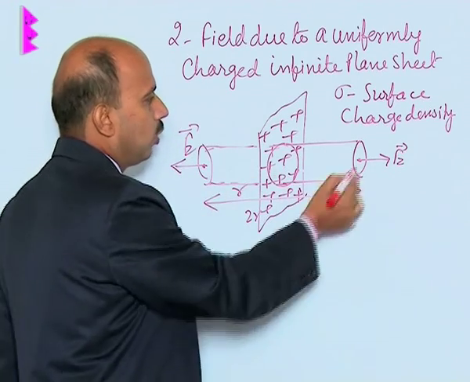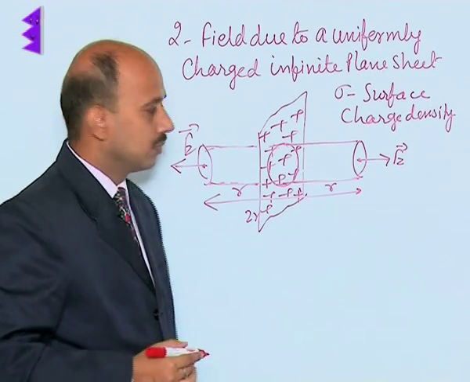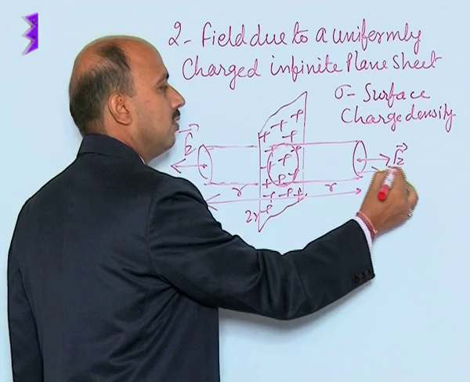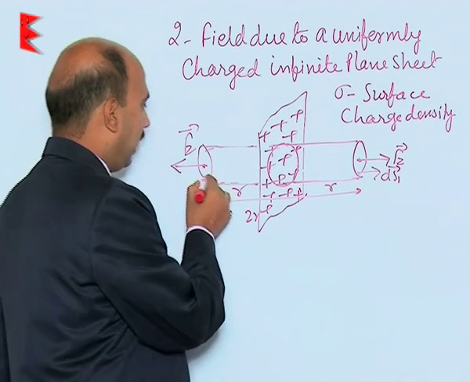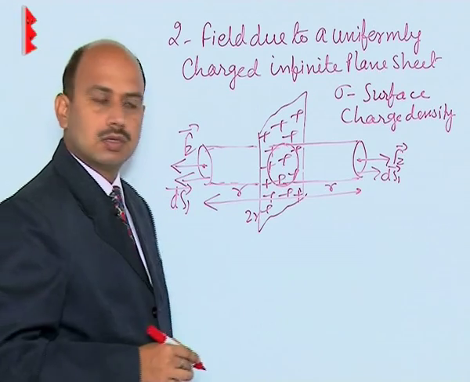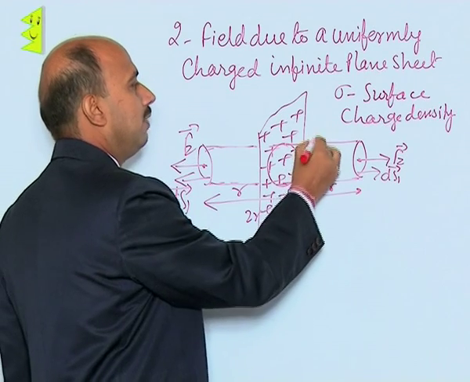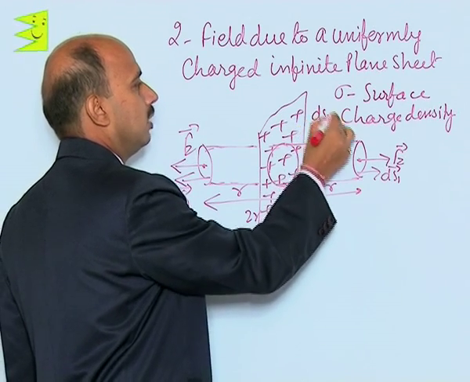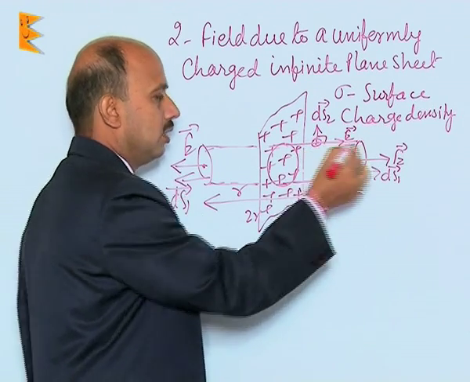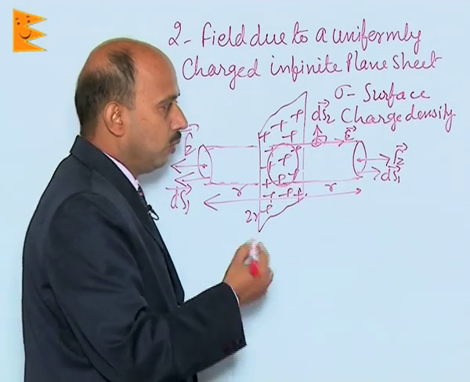So this is the Gaussian surface drawn here. Now we can take one area vector to this side, that is ds1, and another area vector to the other side, also ds1, and one area vector for the curved surface, that is ds2. The electric field is every time perpendicular to the sheet and outward.